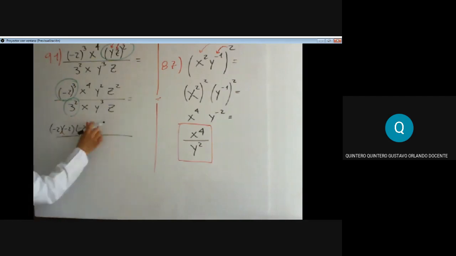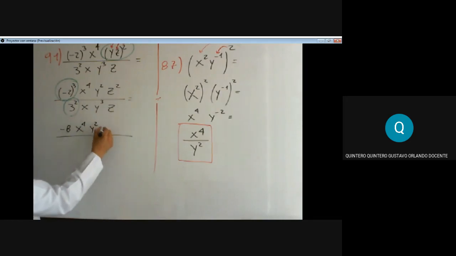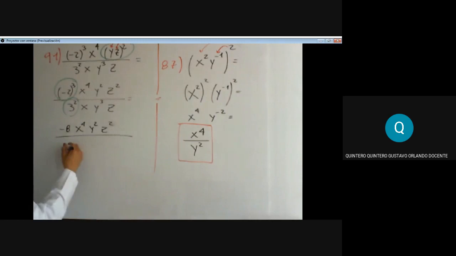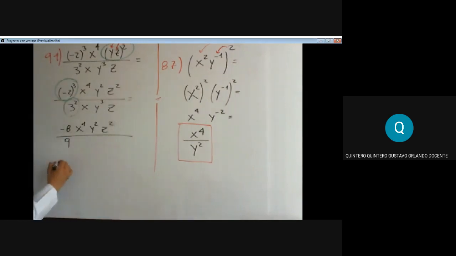So the answer for this one will be negative 8. Let's leave the rest the same: x to the 4, y to the second, z to the 2, I'm sorry. And down, 3 to the 2 will be 9. Over here we have x, y to the 3, and z.